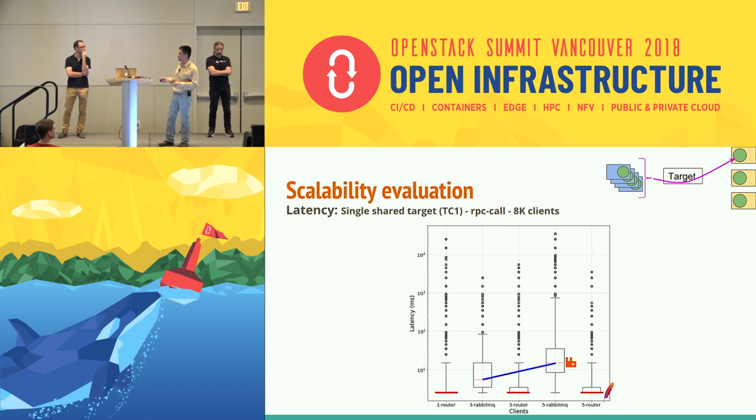Here, for example, in the single large target, we can observe that there is a constant latency for the case of routers in several configurations, 1 router, 3, or 5. But the latency increases for the broker.